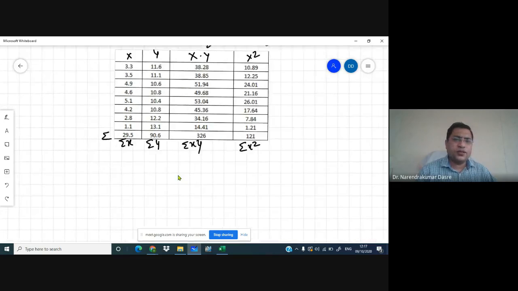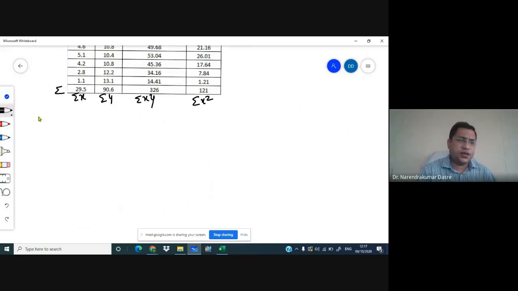Once you know these summations, you are able to write the normal equations from equation 2.